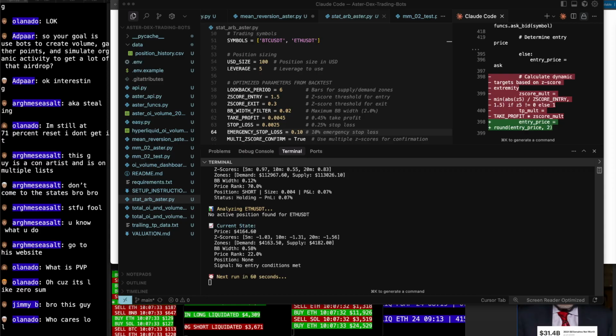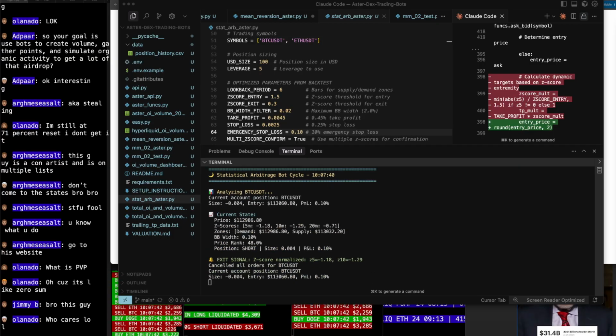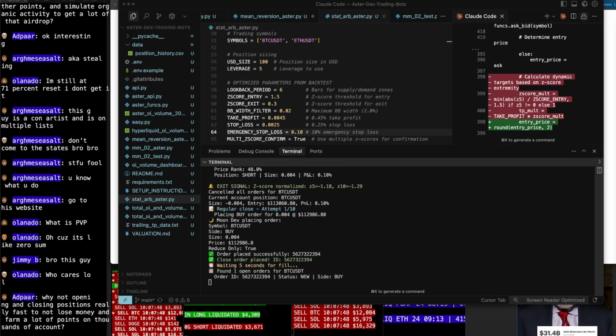I mean, we'll see how this does, dude. I think it's a little too many trades, but I think it might even out once it has more data. So you can see exit signal here, and it's exiting at a profit, 0.5% profit.